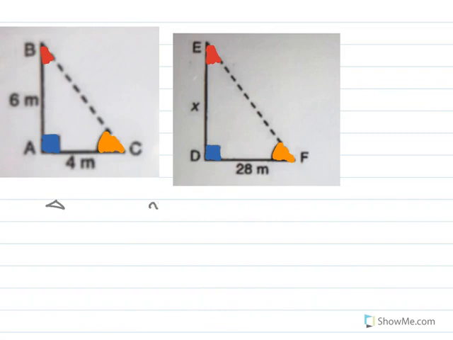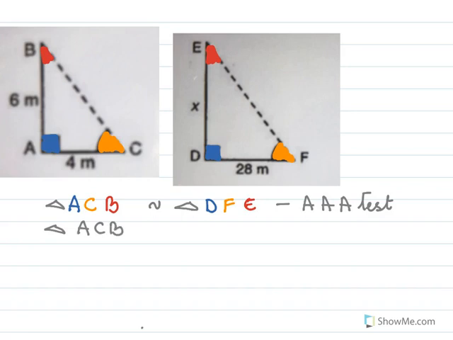So now we take the triangles. Both the triangles are similar. Let's write the similarity. We showed A was equal to D because both were 90. Then we had C equal to F, angle of elevation, and we have B equal to E. So the triangles were similar by AA test.